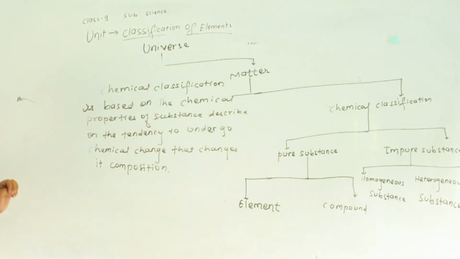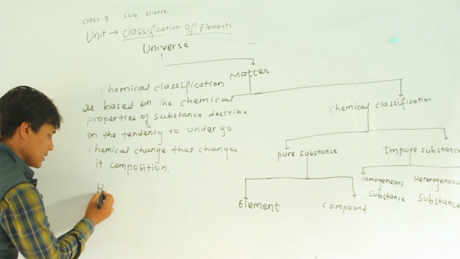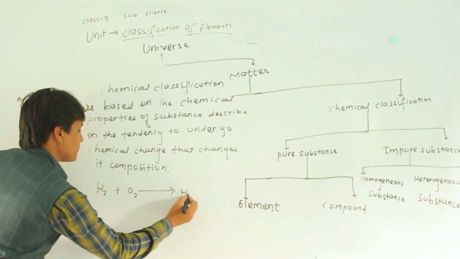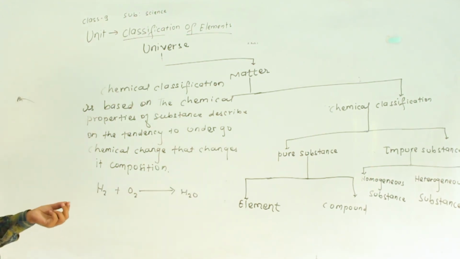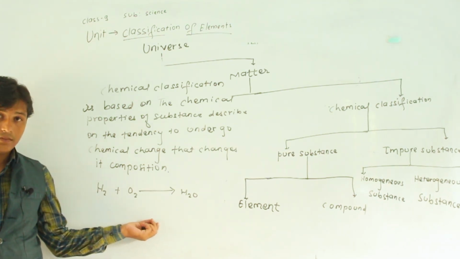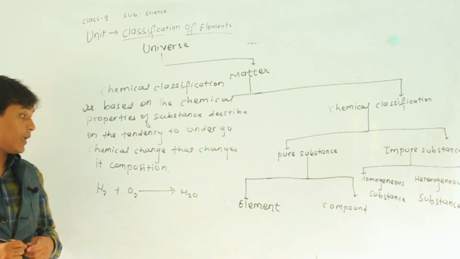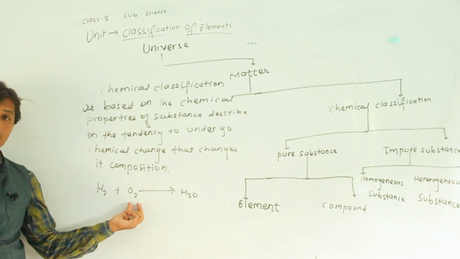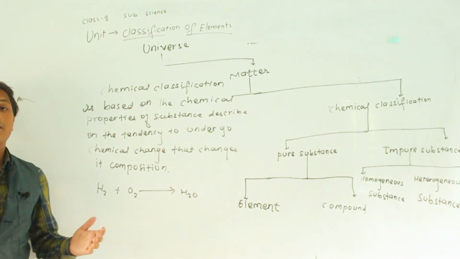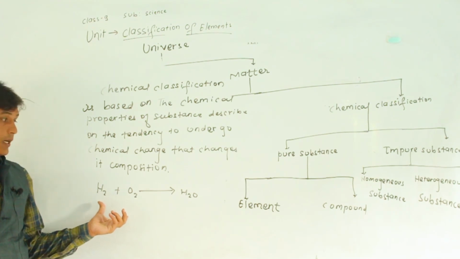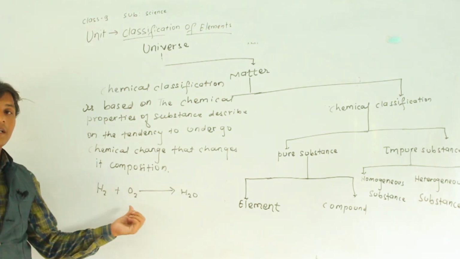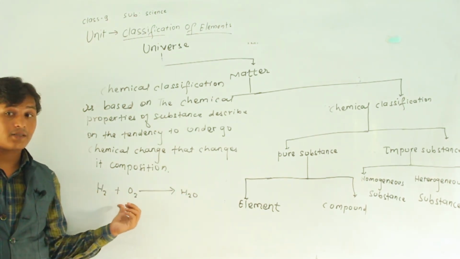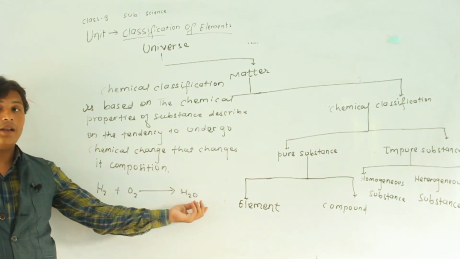I will describe it with hydrogen plus oxygen gives water. From here you will understand: hydrogen is gas, oxygen is gas. When they chemically react, hydrogen gas reacts with oxygen gas by electrolysis or any method, the two gases react and form a liquid.